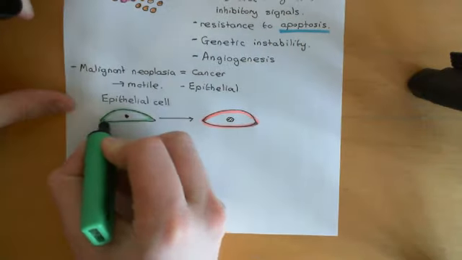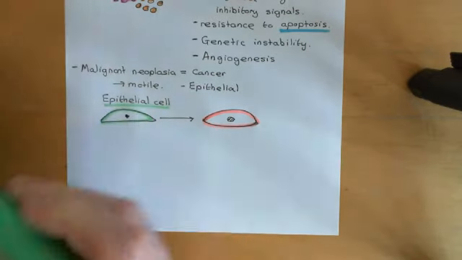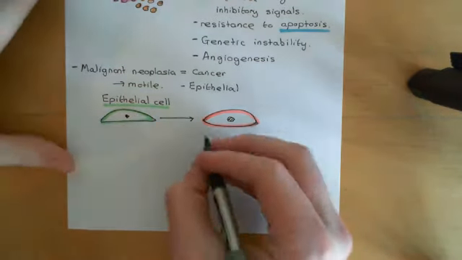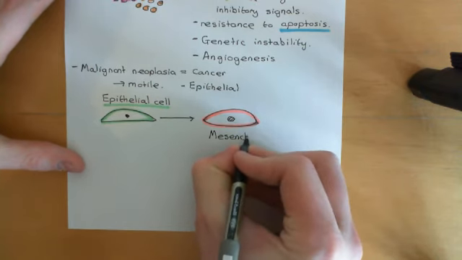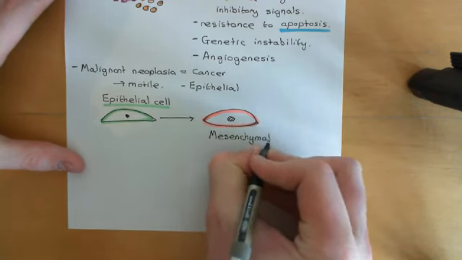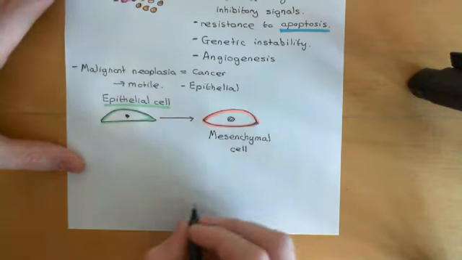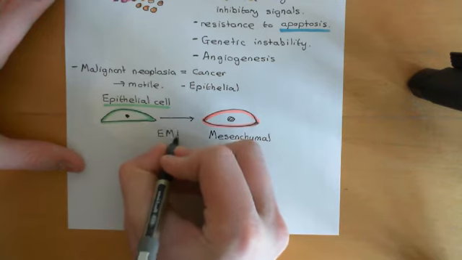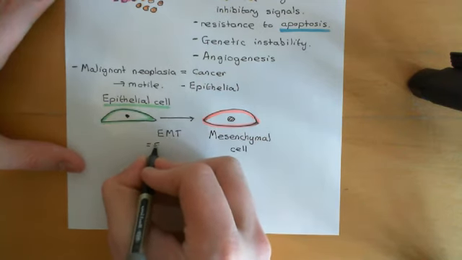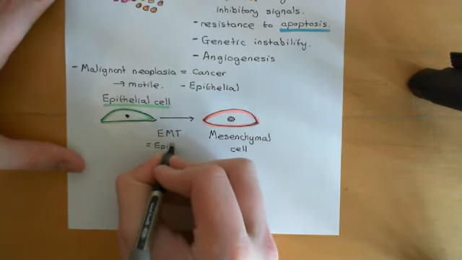Basically the epithelial cell can undergo a transition to being mesenchymal-like. So this is now a mesenchymal cell. This transition from being an epithelial cell to being a mesenchymal cell is what's known as EMT. This stands for epithelial mesenchymal transition.